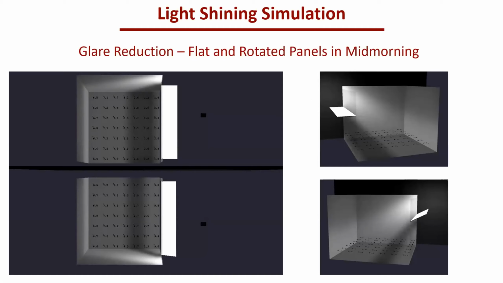So this was modeled in mid-morning. If you're looking at the sky, the sun is about 45 degrees from the horizon. At this point, in order to get the maximum light within a space, you would want the shelf to pretty much just be flat.